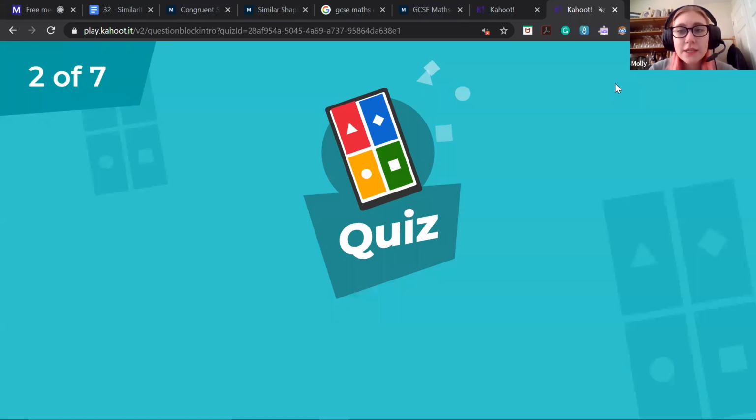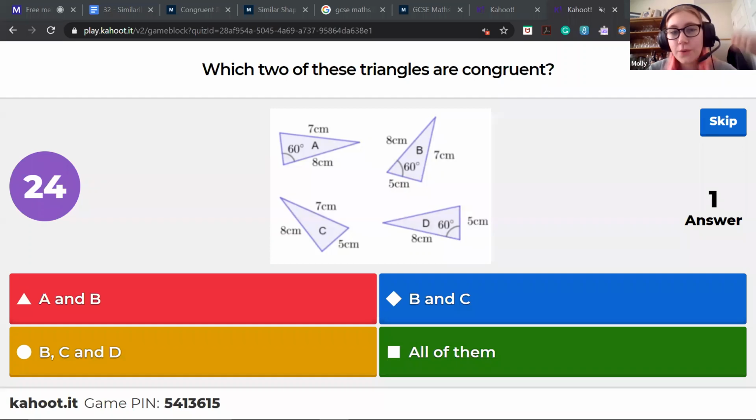Okay, so a similar question, which two of these triangles are congruent? Again, if you have no idea what congruent means or you don't know how to answer the question, this is definitely going to be a good hour for you.